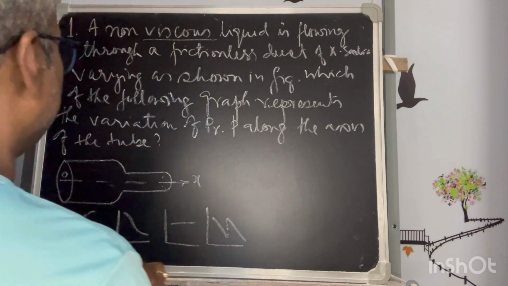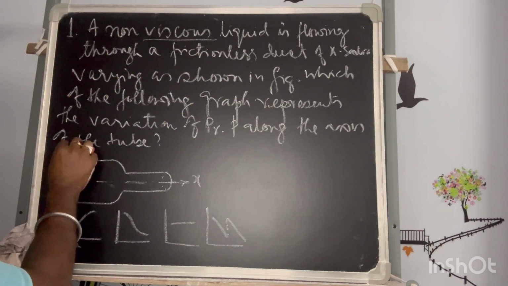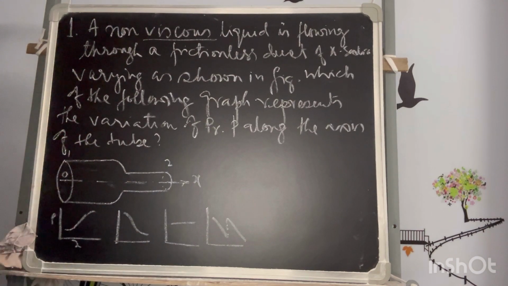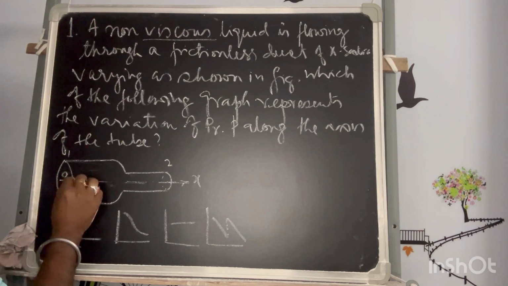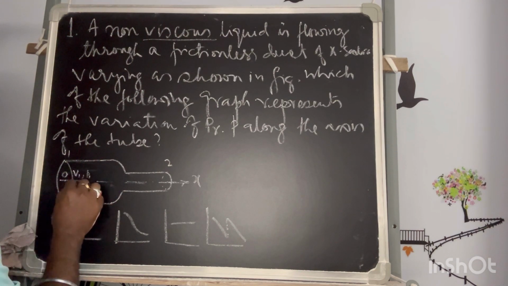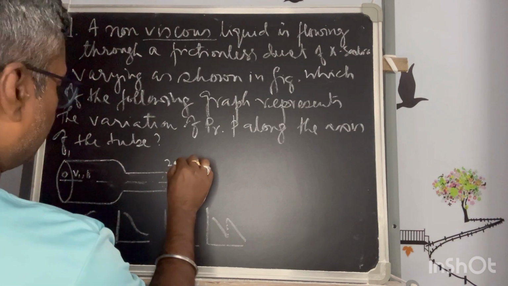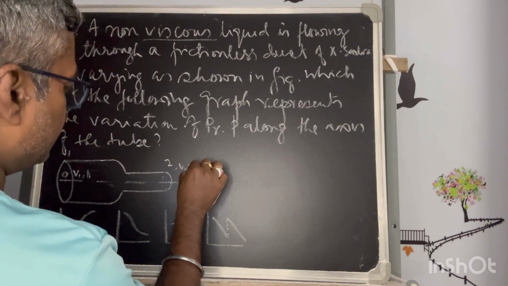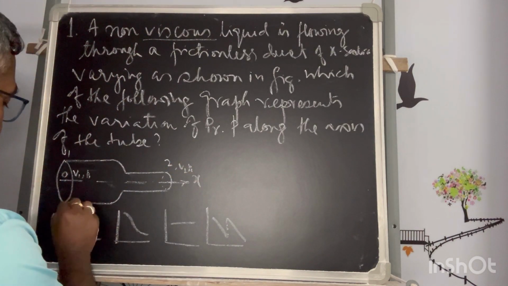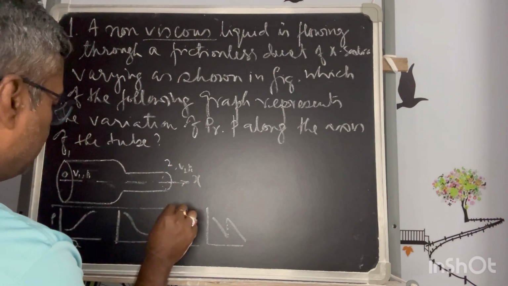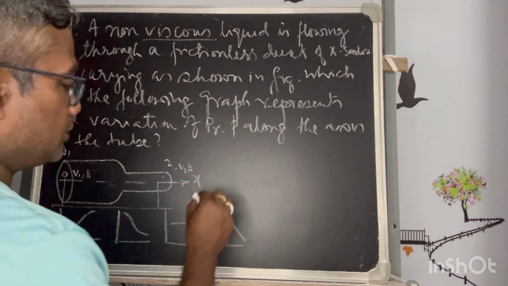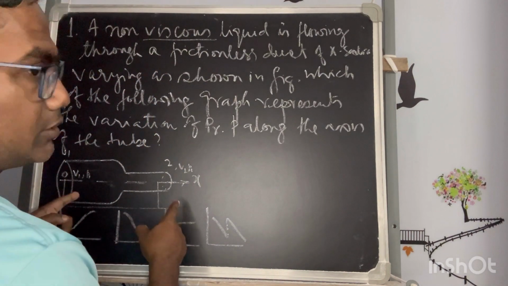Okay, so if I say this is point 1 and this is point 2, here the velocity is V1, pressure energy P1, and here the velocity is V2, pressure energy P2. As per Bernoulli's theorem, if I take any reference, the centers of mass are at equal distance, so the height part can be nullified.